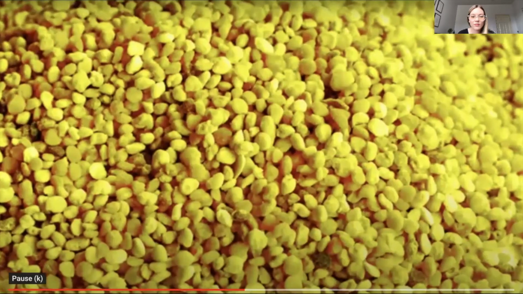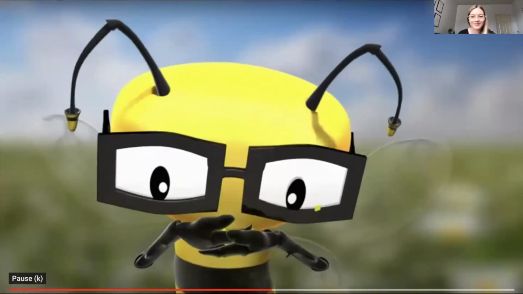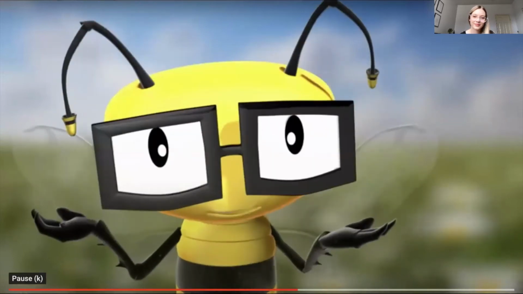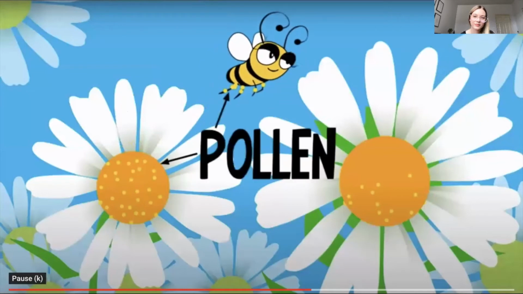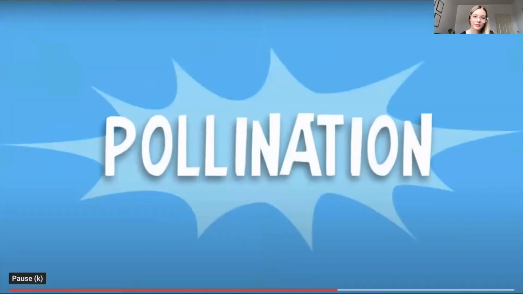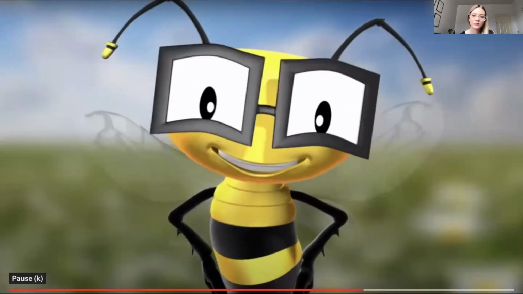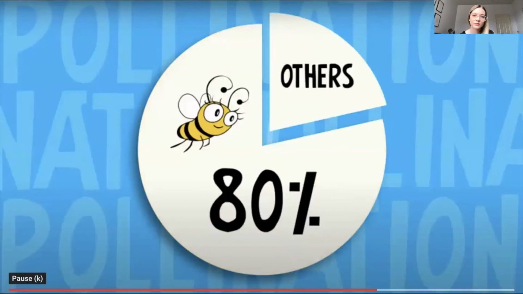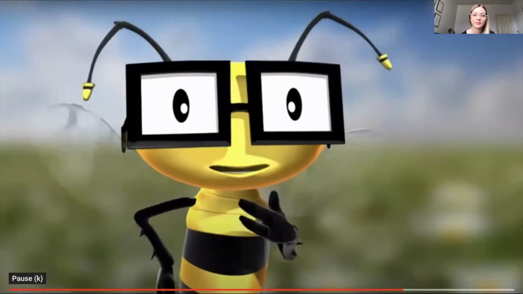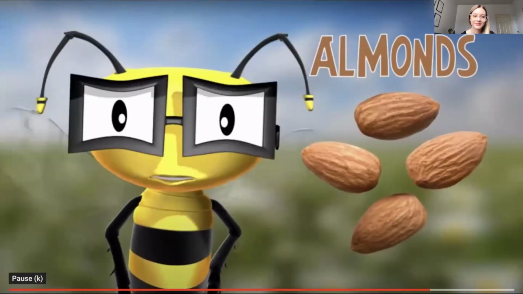Plus, pollen is a great source of protein. Well, to bees, that is. Oh, yeah. Oh, you're making quite a mess. Oh, no worries, Miss Honeycomb. It's all part of the job. Oh, see how the pollen sticks to the worker bee? Yeah, while they're out there collecting pollen to eat, some of it rubs off onto the flowers. This will cause the pollination that flowers need. That's right. They have a very important job, bee. Did you know that bees are responsible for over 80% of all pollination? Oh, yeah, and there are some plants that rely solely on bees in order to grow. Like almonds. Without the honeybee, they wouldn't even exist. A world without almonds.